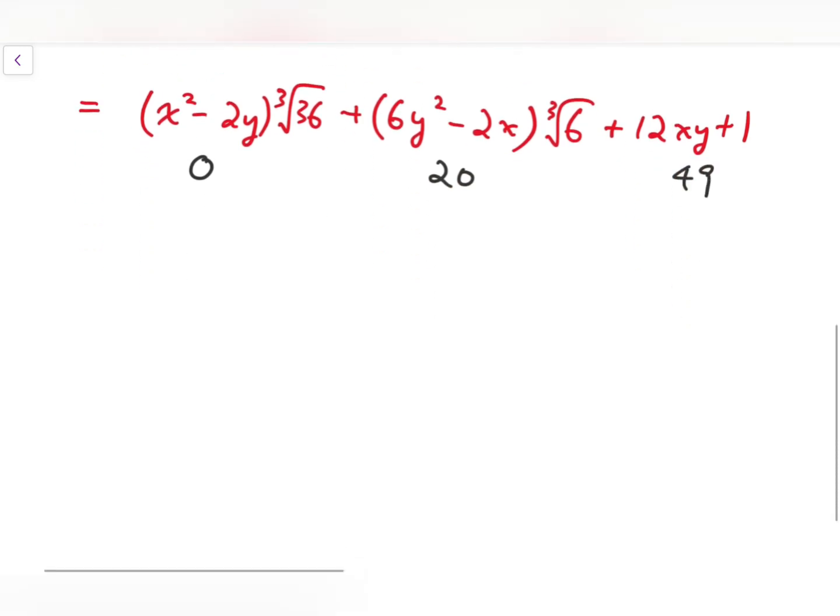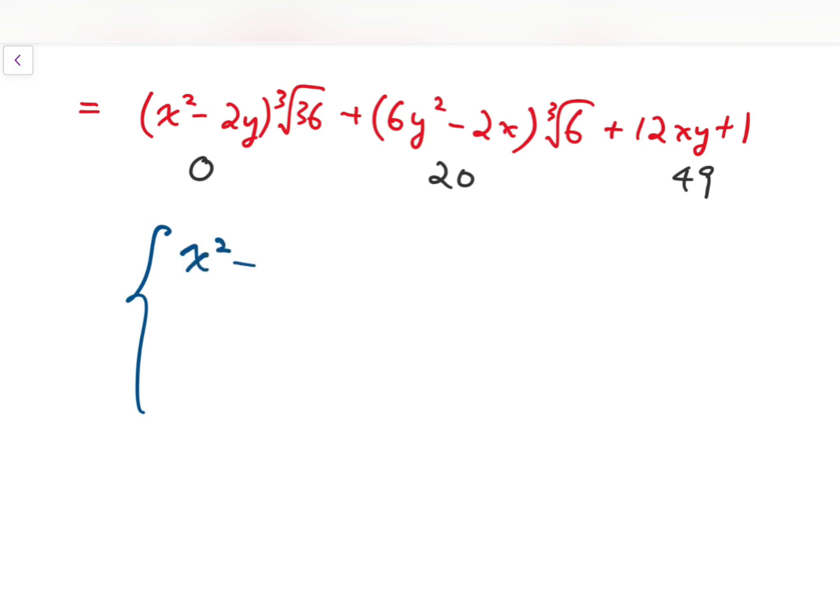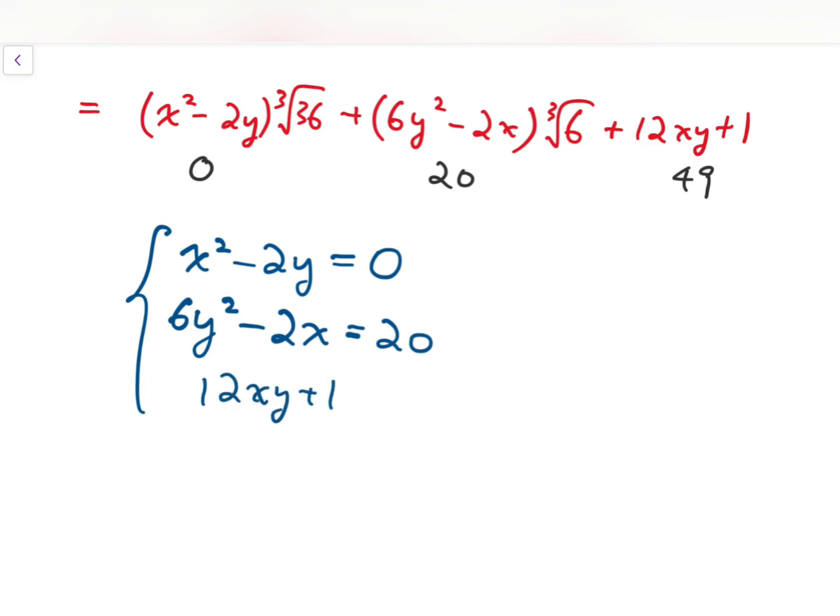So let's try to solve the system and see whether we can find a solution. So I want x squared minus 2y to equal 0, 6y squared minus 2x equals 20, and 12xy plus 1 equals 49. So we have 3 equations and 2 unknowns.